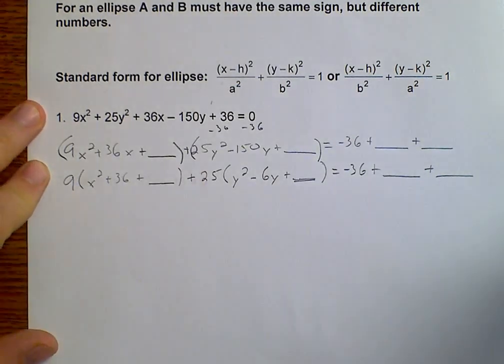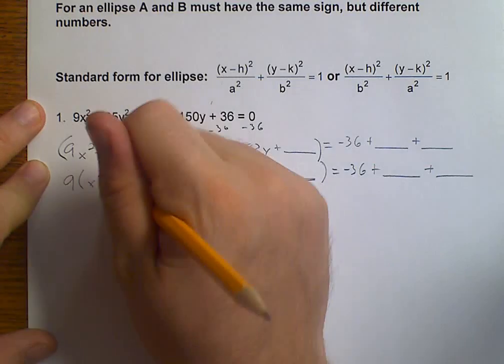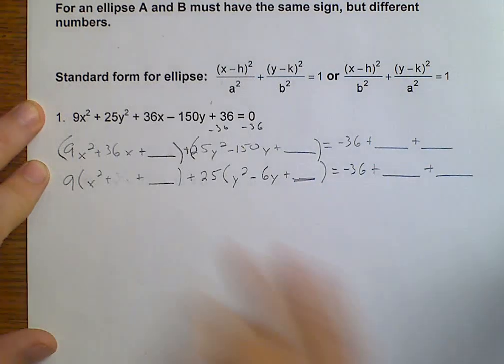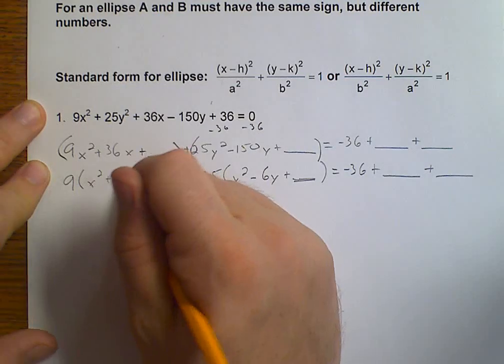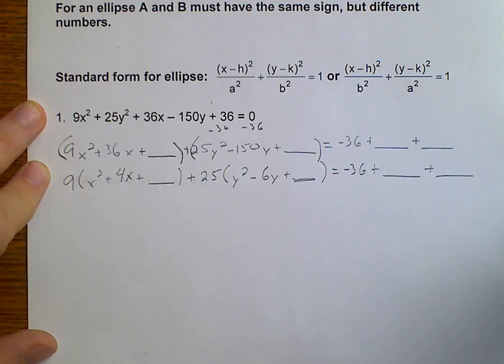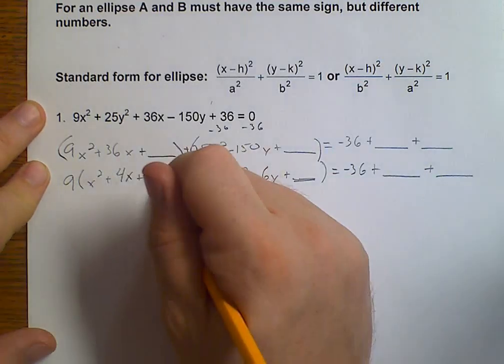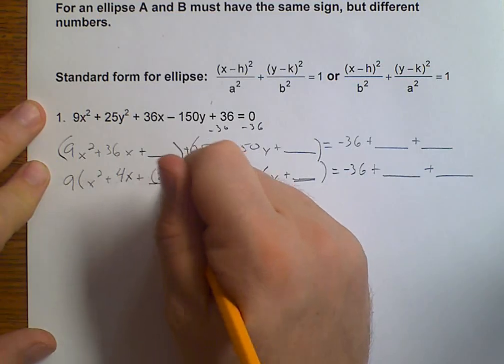When I complete the square, I simply divide my b by 2 and then square it. Hold on. This is no longer 36. I need to do the 36 divided by 9, which gives me that this should be 4x. So half of 4 makes 2, so this is going to be 2 squared.